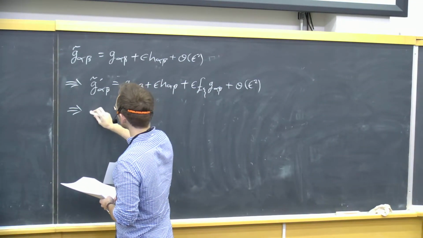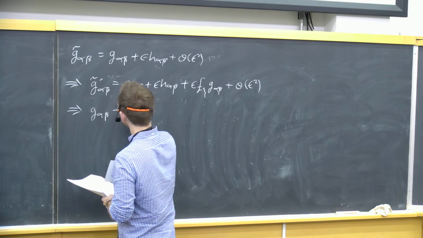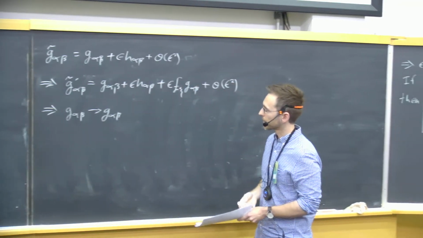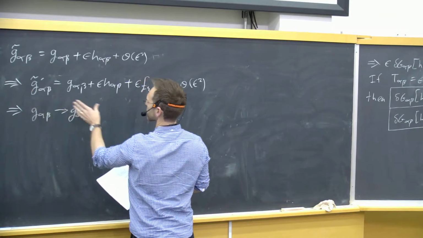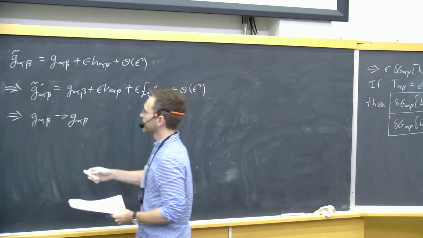So this implies that the background just goes to the background under a gauge transformation. So in the new coordinate system, the leading order piece is still just exactly what it was before, just g.